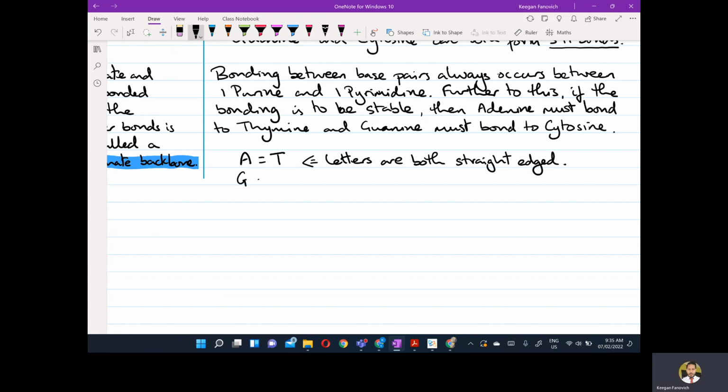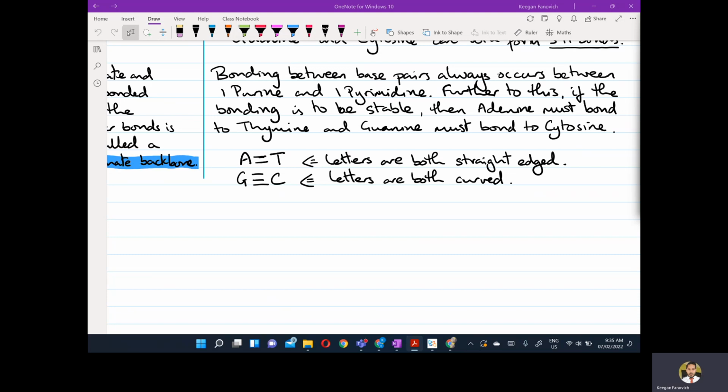Guanine will bond to cytosine, and this one is because both the letters are curved. That's just the way I remember it, and I draw it with the bonds so I know how many each has: 2 for AT and 3 for GC.